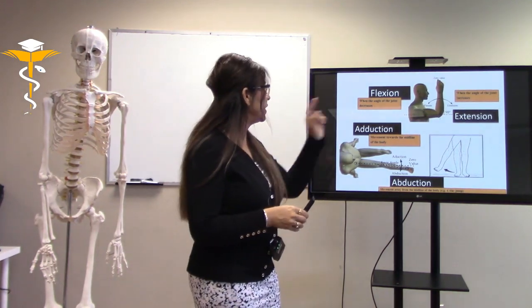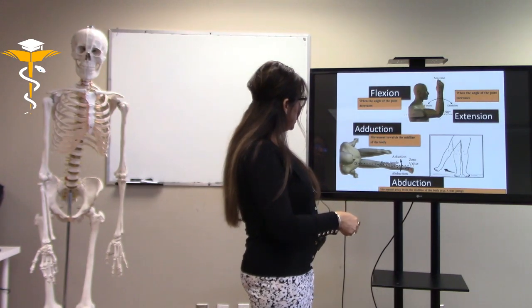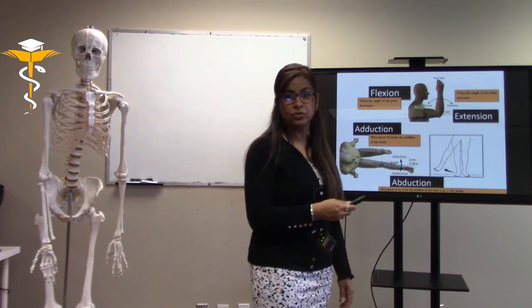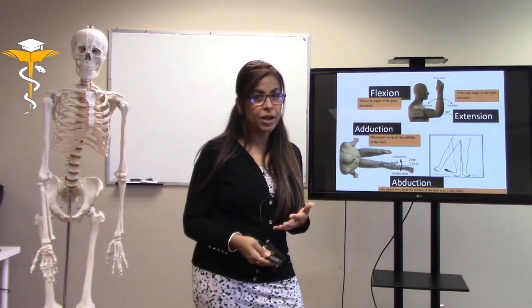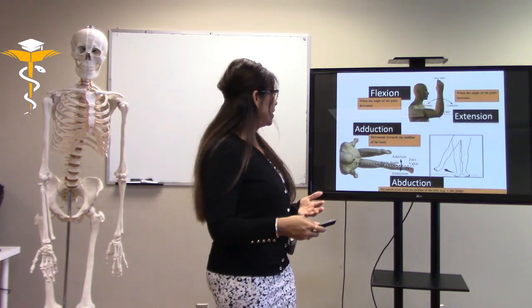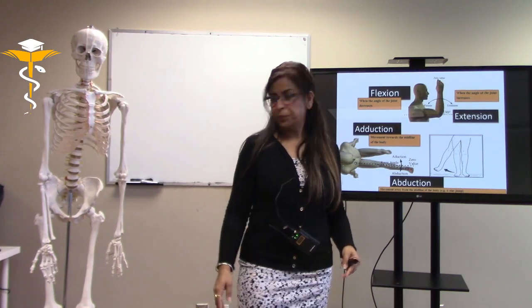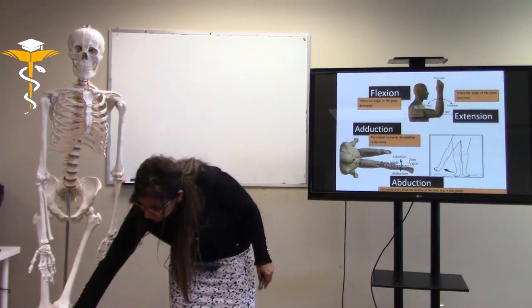That's flexion and extension. Next one is adduction and abduction. Adduction, as the name sounds, the easiest way to remember it is adding to the body. So you're going inside like this. This is the leg, and you're doing it like this, that is adduction.